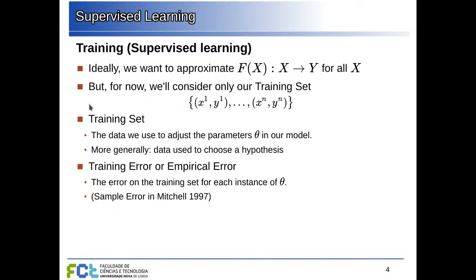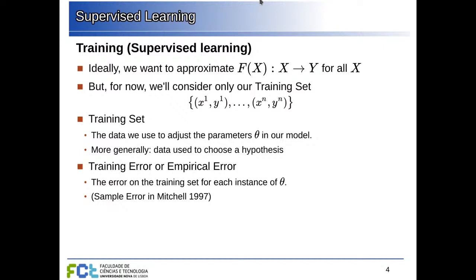So basically, these are two important concepts. The training set is the set of data that we are using to find the best hypothesis. So we have a hypothesis class. This hypothesis class is represented by a model with some parameters, and we are going to use the training set to adjust those parameters.